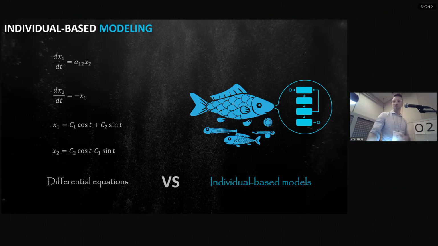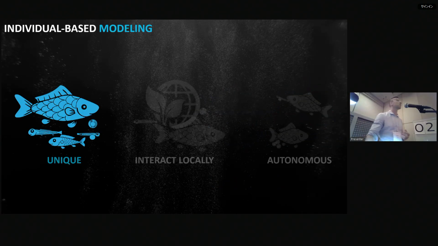Now, individual-based models consider the uniqueness of the individual or the agent, their local environment or local interaction, and third, their independent behavior. What I mean by being unique: you all study copepods, so you all know that they have different life stages and different predation pressure depending on their life stage.